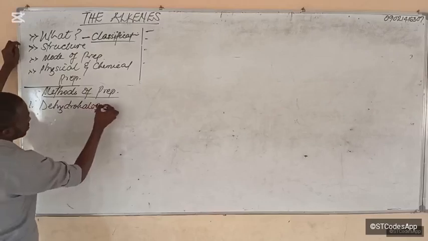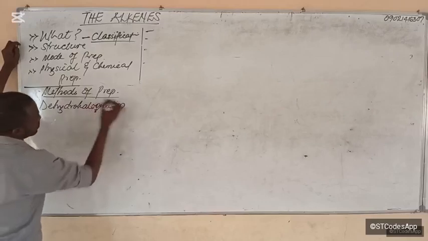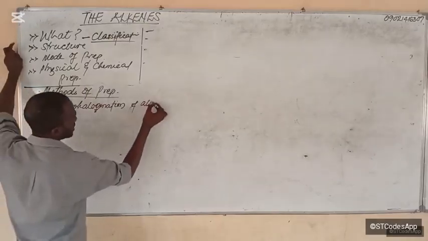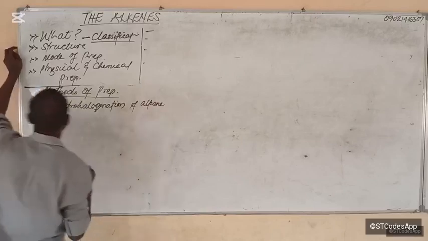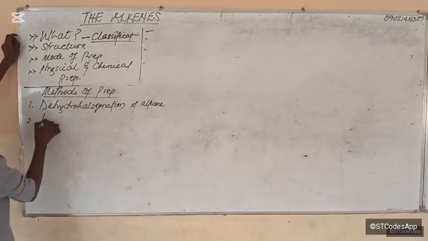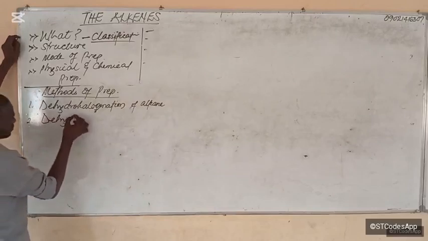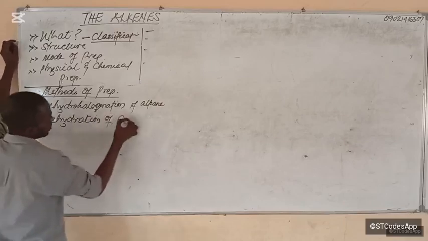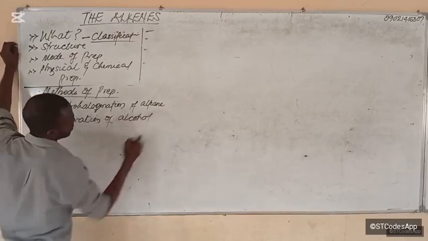dehydrohalogenation of alkane. Then the second is dehydration of alcohol or alkanol.